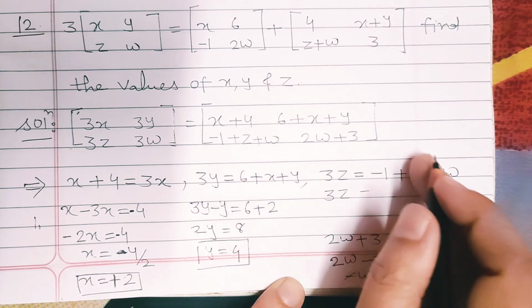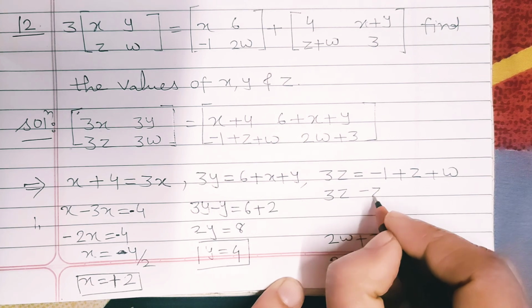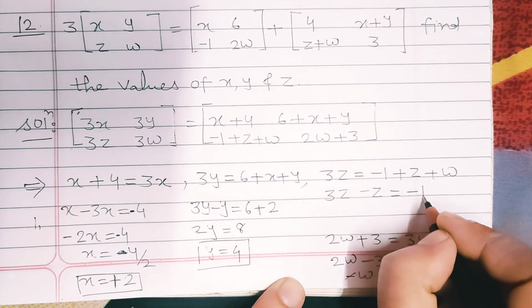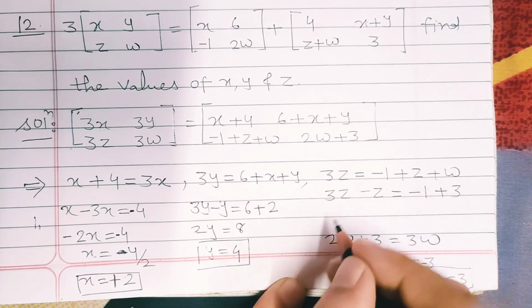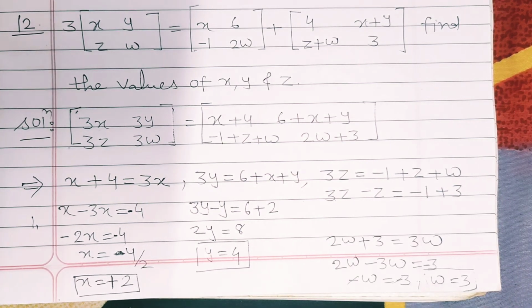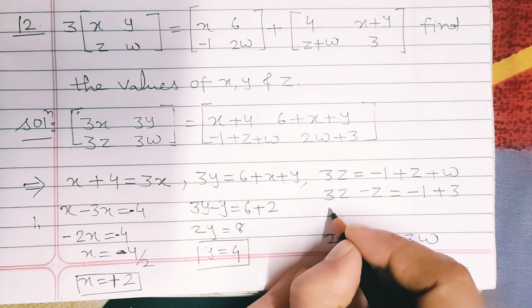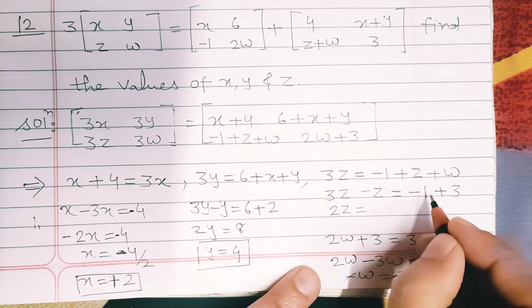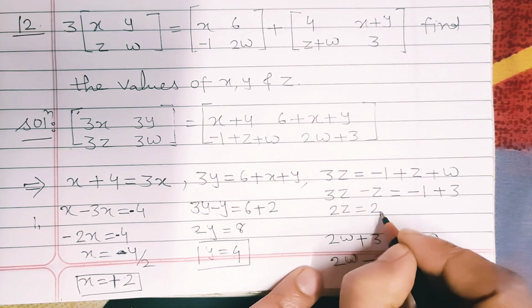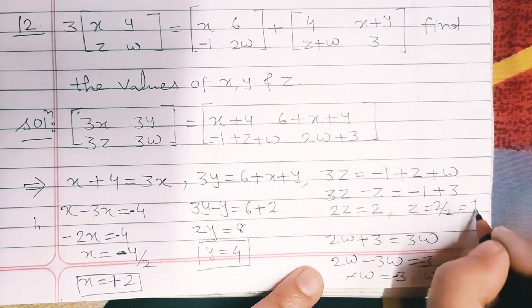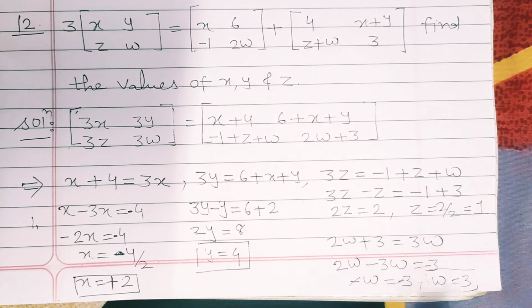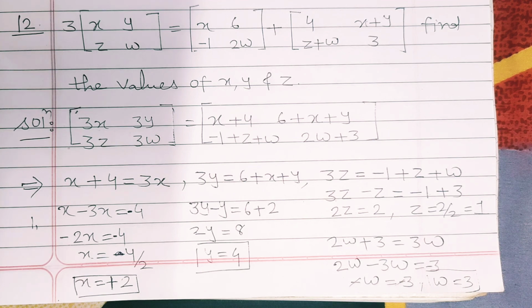So 3z, taking z over here, it will be negative of z is equal to negative of 1 plus the value of w. Value of w is 3, and this will be 3 minus 1z will give us 2z is equal to negative 1 plus 3. We are left with 2. So z is equal to 2 by 2 is equal to 1. So here we are left with z is equal to 1, w is equal to 3, y is equal to 4, and x is equal to 2. So in this way we have completed our 12th question.